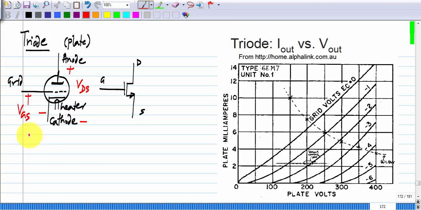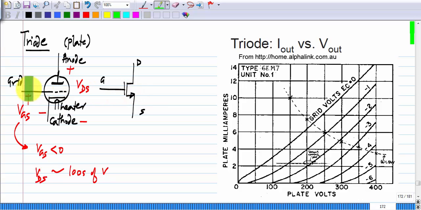It turns out that the VGS, grid to cathode voltage, would always be less than 0, and what is equivalent of the drain source voltage, the anode to cathode voltage or plate to cathode voltage, would be in the hundreds of volts. Okay.